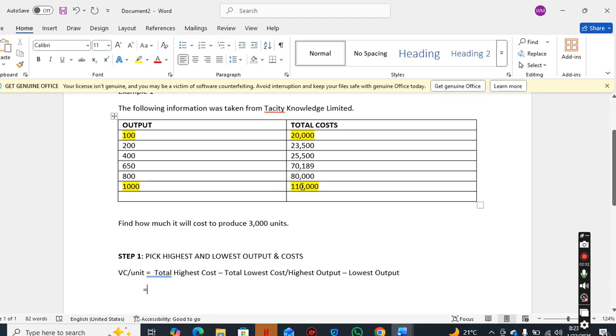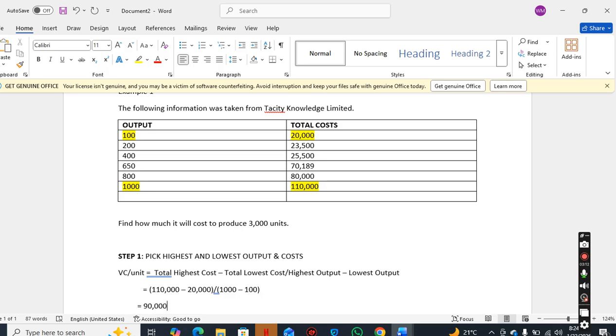So our highest cost here is 110,000. Our lowest cost is 20,000. Our highest output 1,000 units. Our lowest output 100 units. So we tabulate. We're going to say 110,000 minus 20,000, we get 90,000.